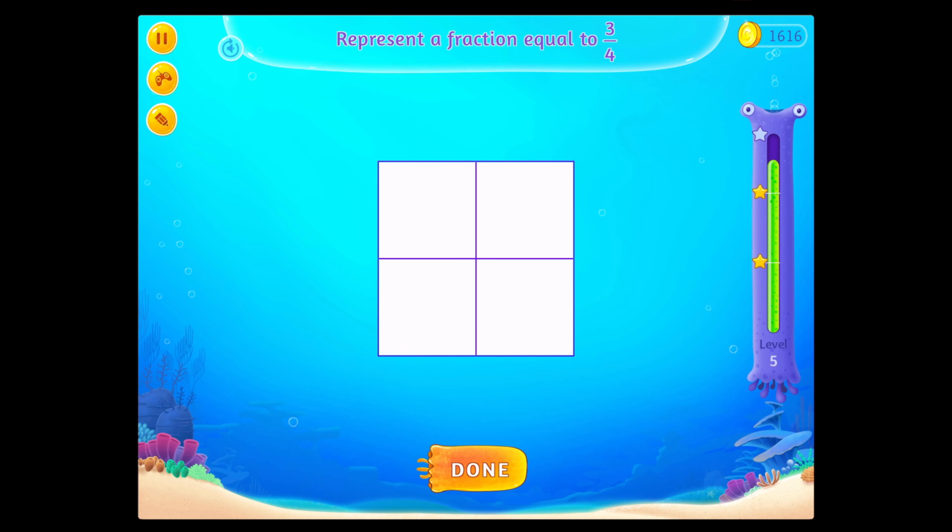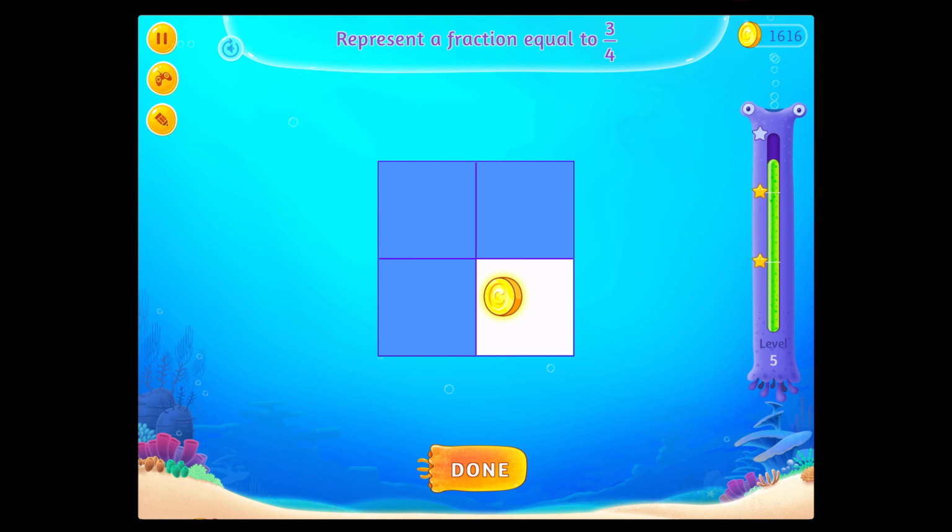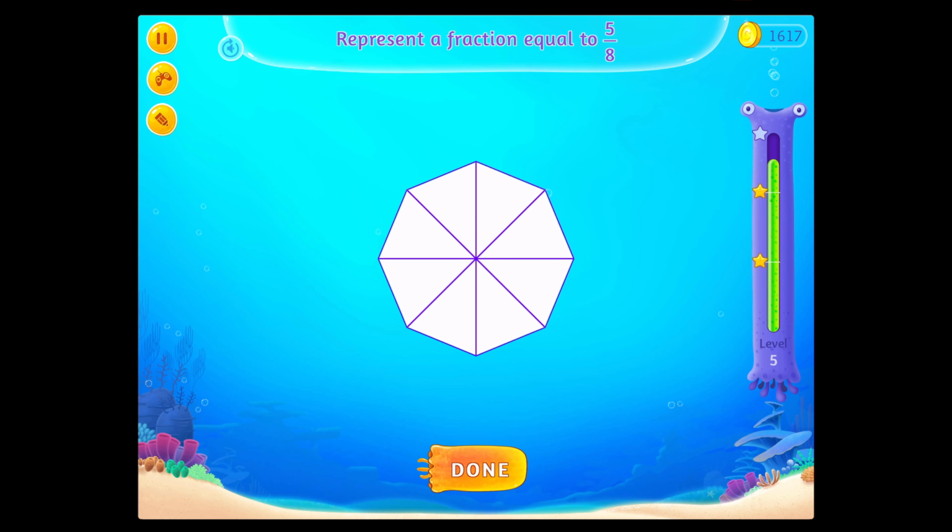Represent a fraction equal to 3/4. Congratulations, you've done it. Represent a fraction equal to 5/8.